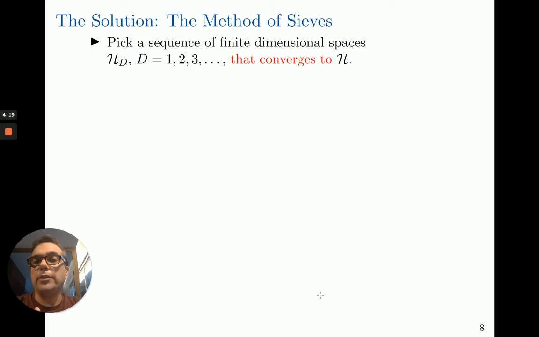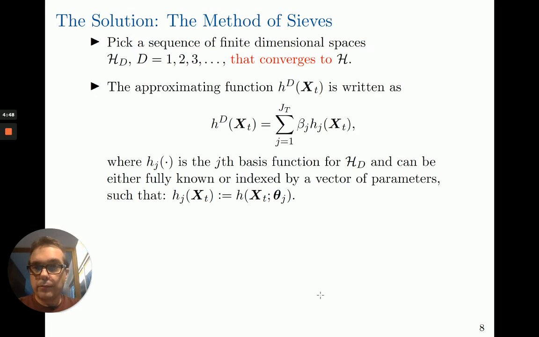So what's the idea? The solution is called the method of sieves. So we pick a sequence of finite dimensional spaces, H_D, D equals 1, 2, 3, and so on and so forth, that converge to calligraphic H. So that we have a sequence of simpler spaces, but that in the end, when we increase the dimension of this space, we recover the original space that we would like to search over. Okay?